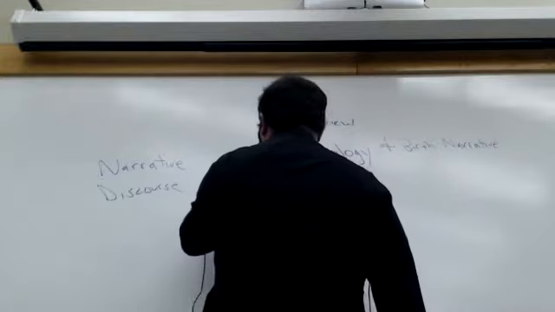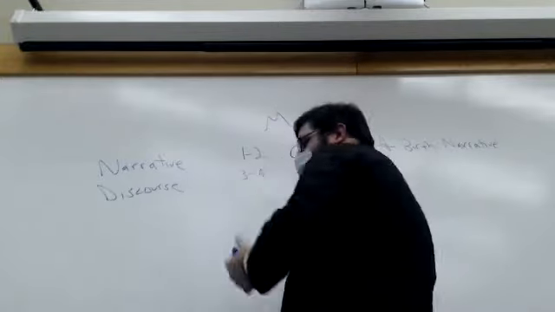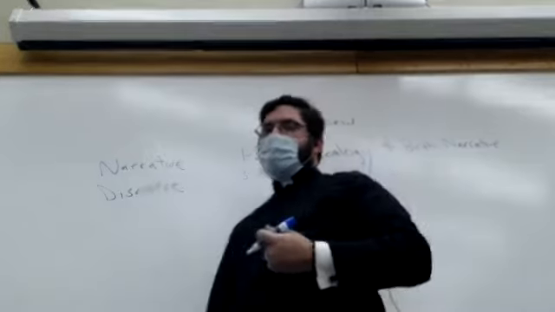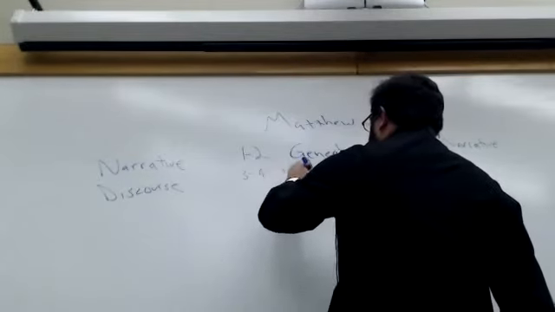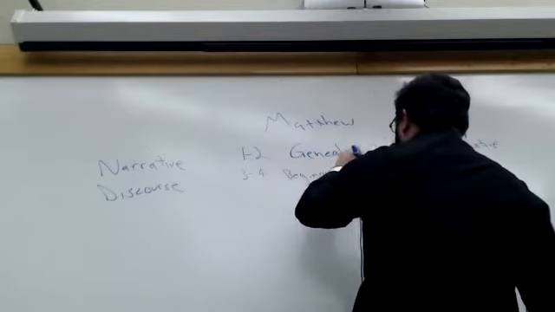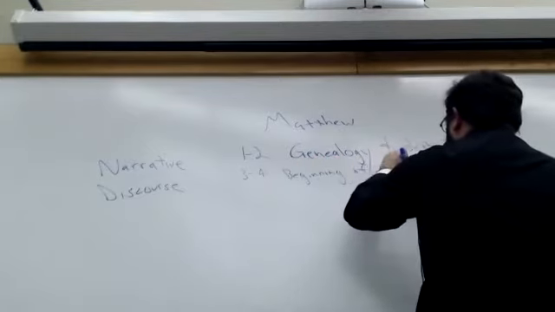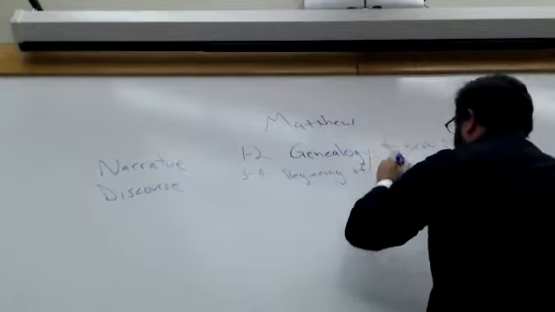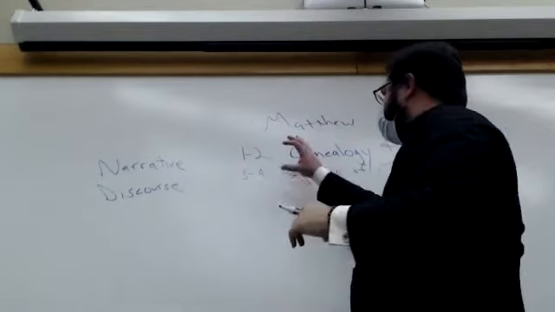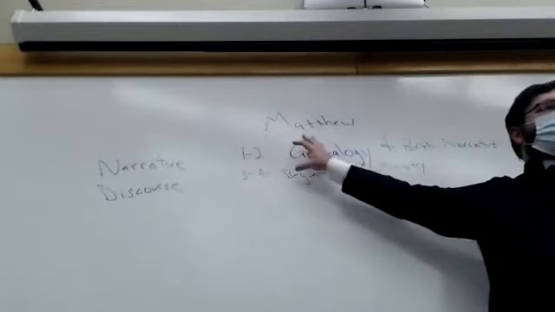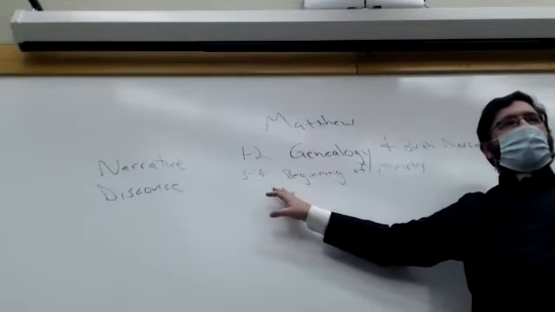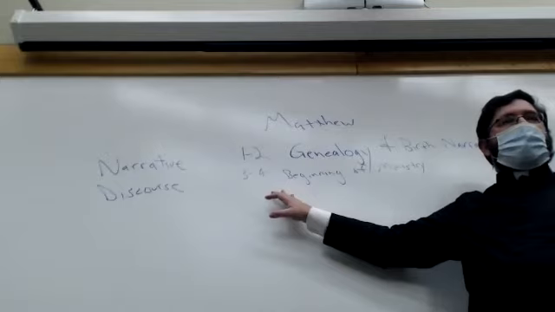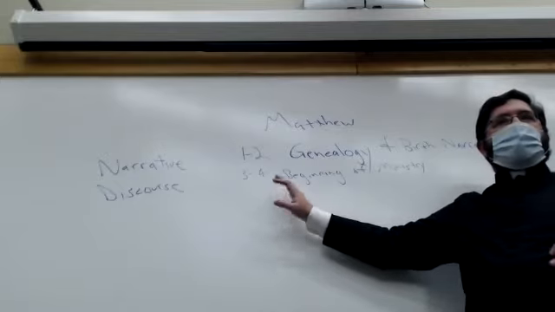The narrative continues in the next few chapters with the beginning of his ministry. So transitioning from the infant Christ to the adult Jesus. In Matthew's narration, we see nothing of the child.